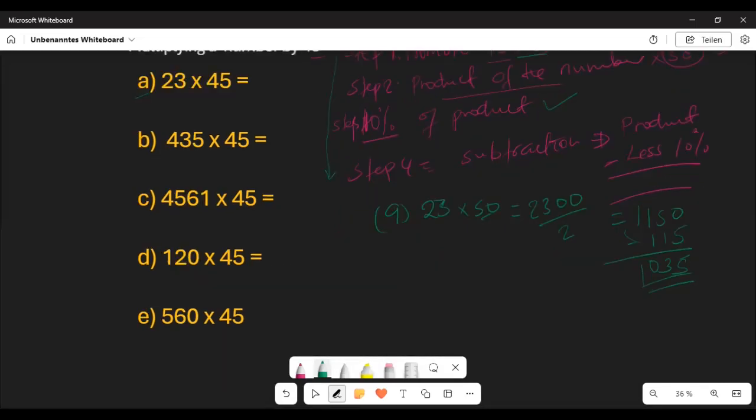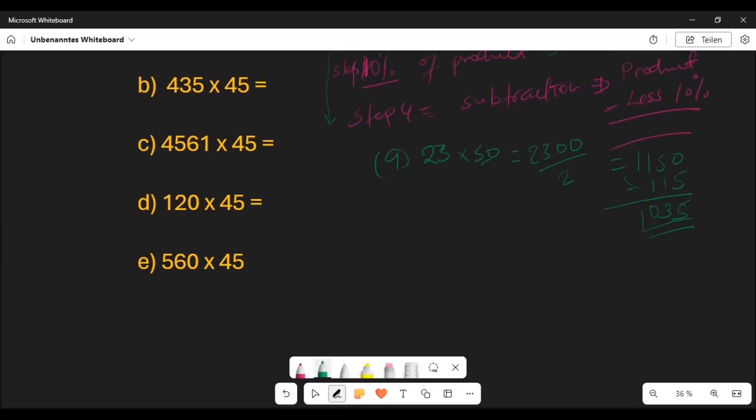So let's look at another number. I like using different pens. So this is 435. So B, we have 435. What we're going to do is quickly multiply that one by 50.